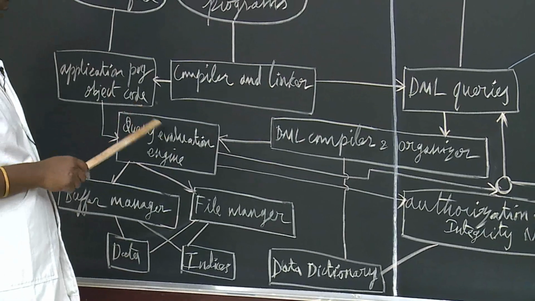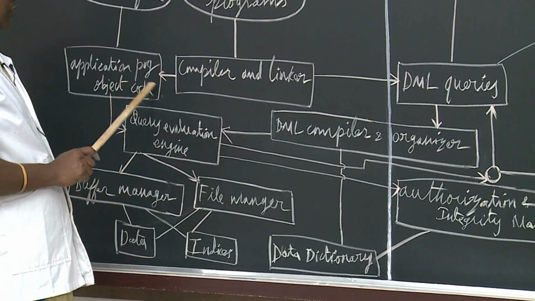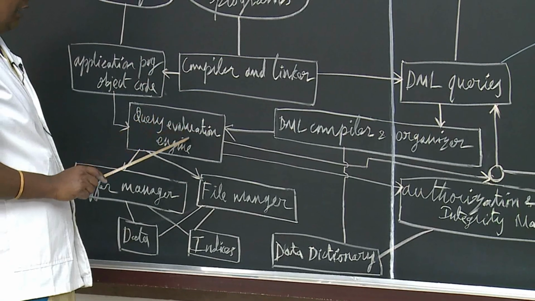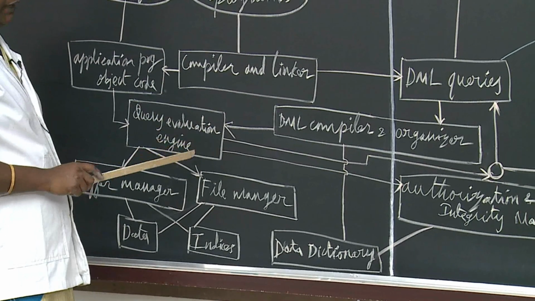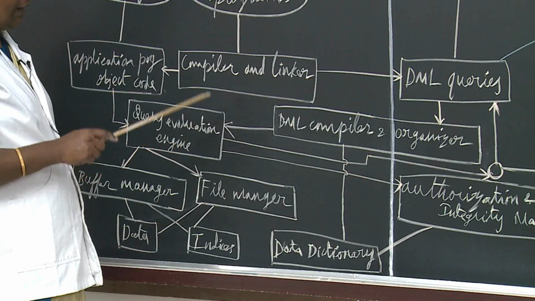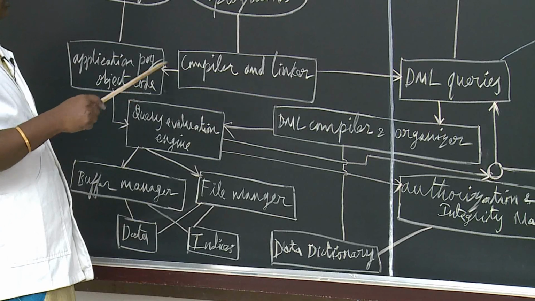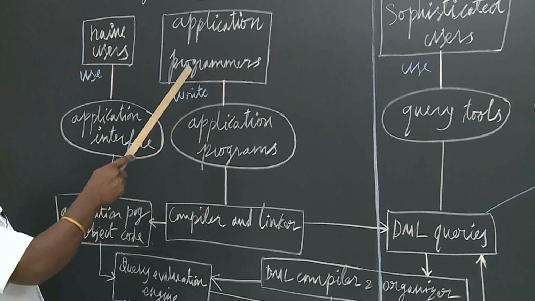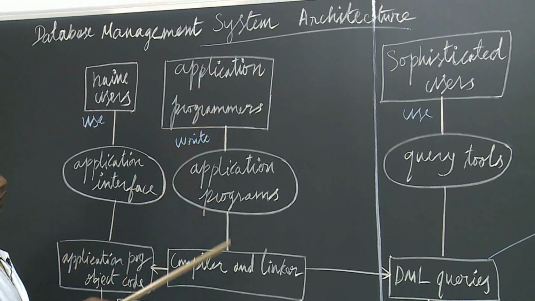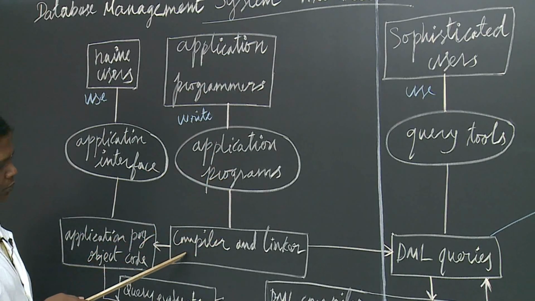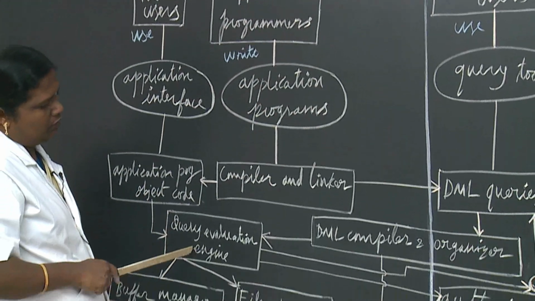while accessing the data from the database, through this query evaluation engine only all the data are evaluated and then passed to the next level. From the naive users, then application programmers, they pass through the application programs to the query evaluation engine.